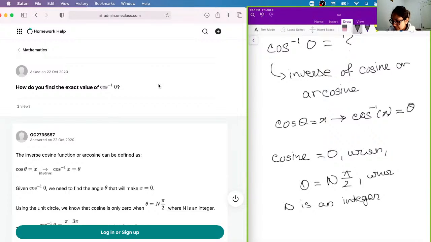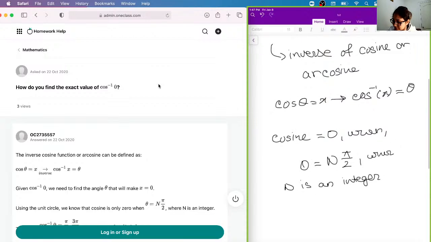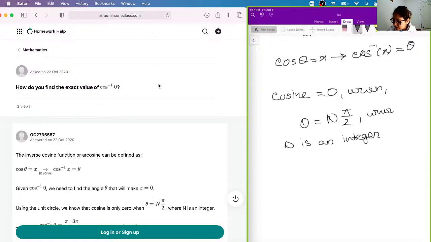And so from the unit circle you can see that if you have a cosine function here, and this is your pi over 2, and so on.